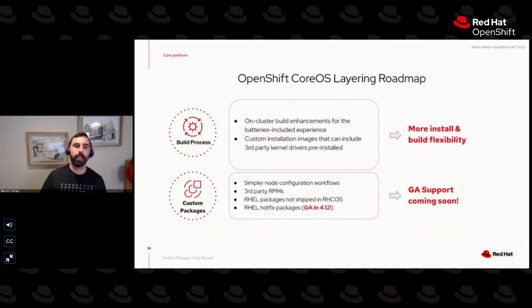We are also thinking about how we can change the installation flow to accommodate custom boot images for scenarios where you need to add storage or network kernel drivers to the install node, as an example. And as I said, you will be able to take the wheel and try out RHCOS customization within 4.12 already, coming beginning of next year as dev preview. And please try and let us know how it goes. Next slide, please.